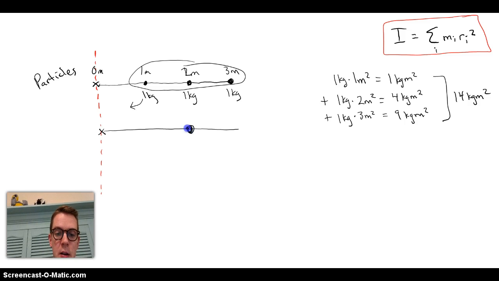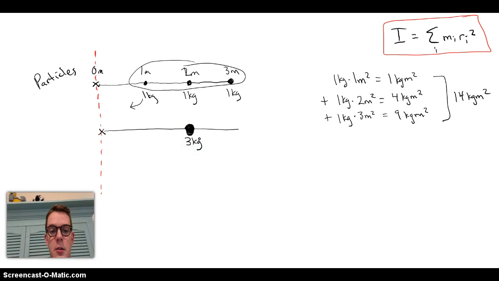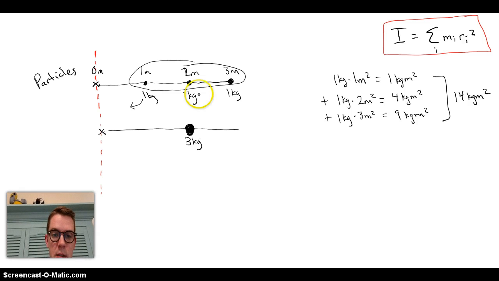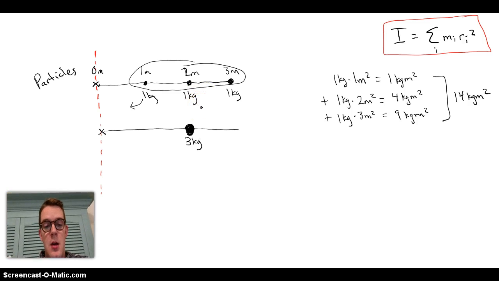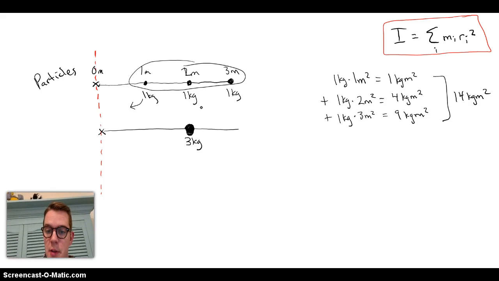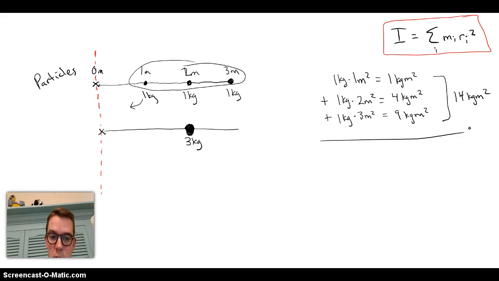And so let's pretend like all the mass of those 3 particles is right here. And so this is a heavier particle of 3 kilograms, and that's the center of mass of my system on the top. So I wonder what the moment of inertia of that would be. So that's at the 2 meter mark.